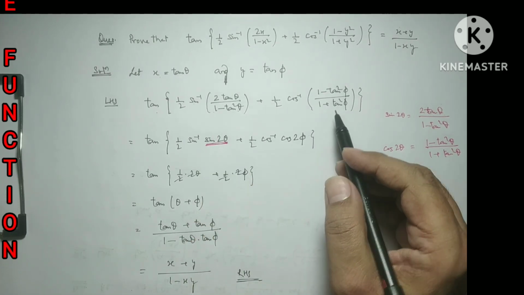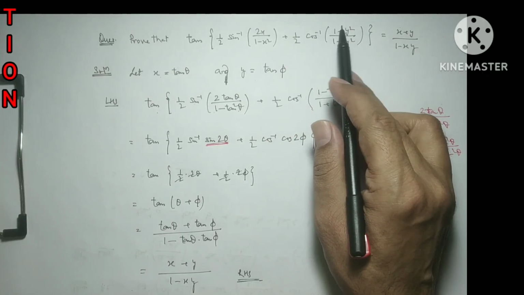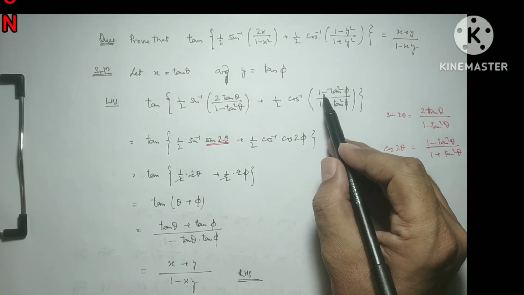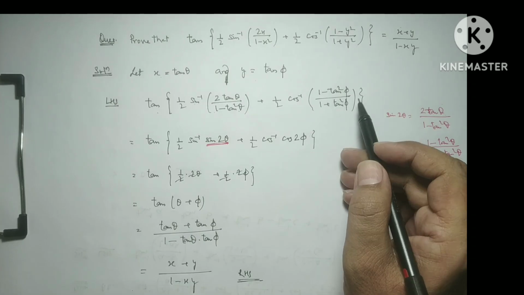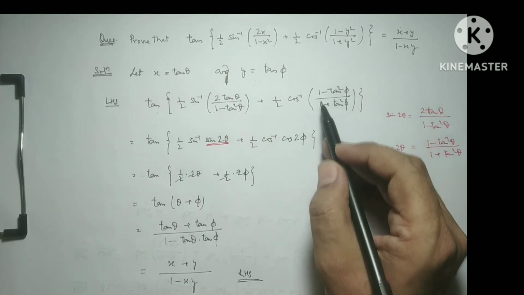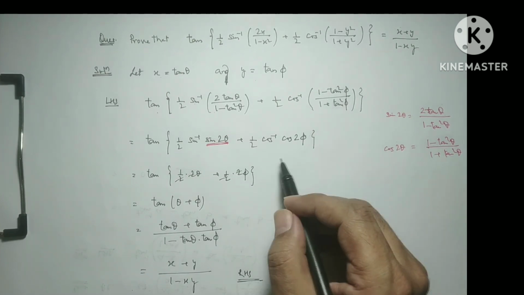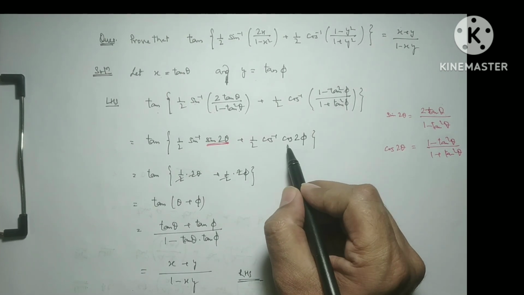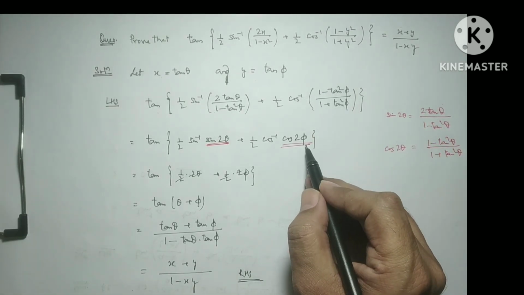And in the same way, when we place the value of y in this expression, we get 1 minus tan square over 1 plus tan square. So when you divide these, substitute this as cos 2 theta, then we get cos 2 phi. So its value in terms of cos is cos 2 phi.